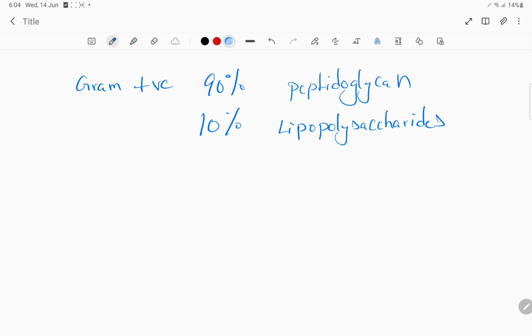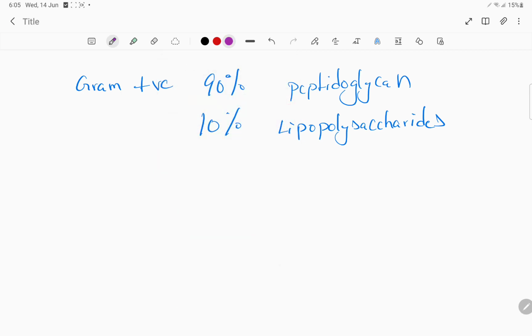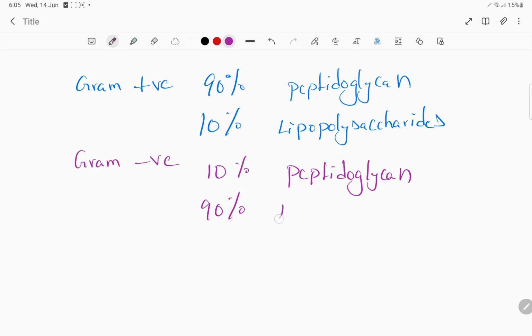In gram negative, reverse: 10% is peptidoglycan and 90% is lipopolysaccharide.